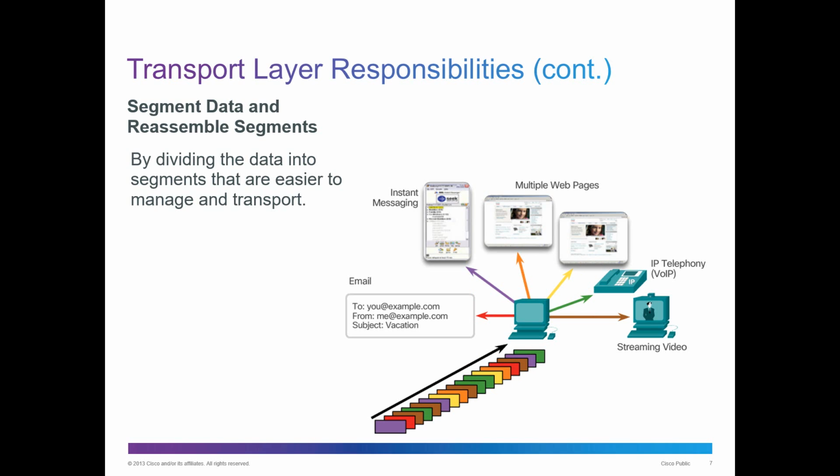Since everything is segmented, you could send a segment or a packet of instant messaging, and mix in a web page packet, IP telephony. You don't have to send all blocks at the same time. That's the purpose of segmentation, to be able to basically multitask and send different bits of each type of packet at the same time.